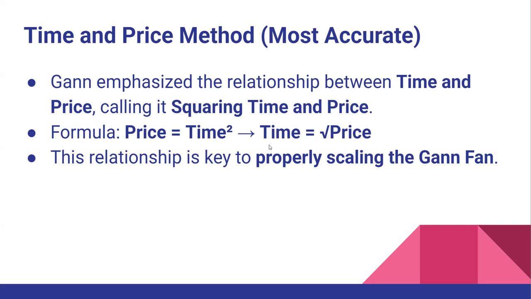So we take the price and square root it. When you square root it, you get the value for the time. This relationship is key to properly scaling the Gann fan.